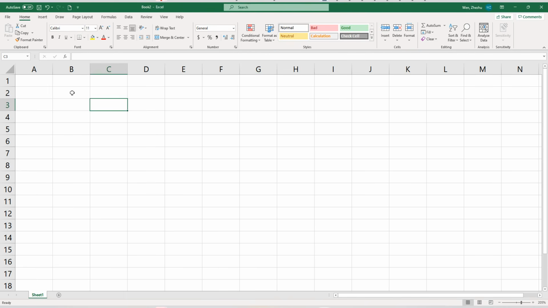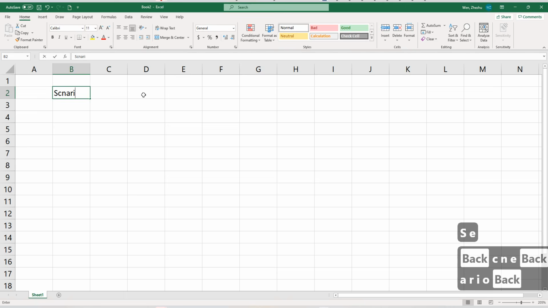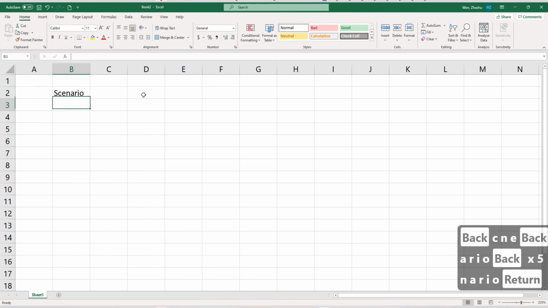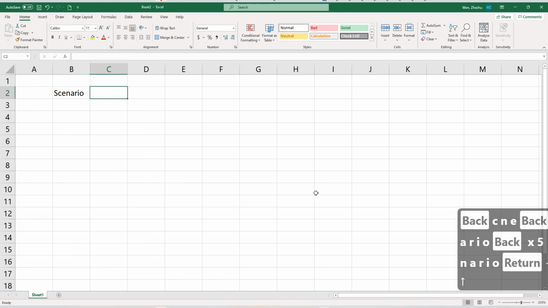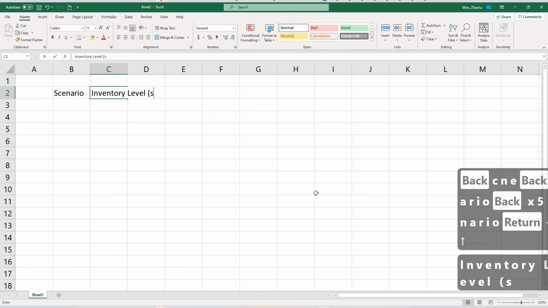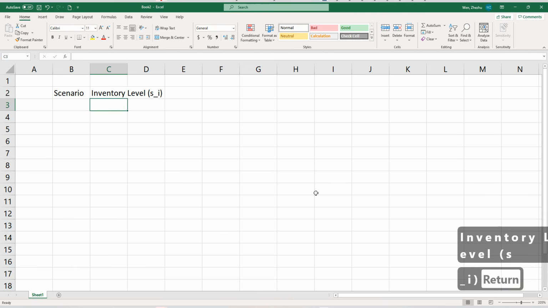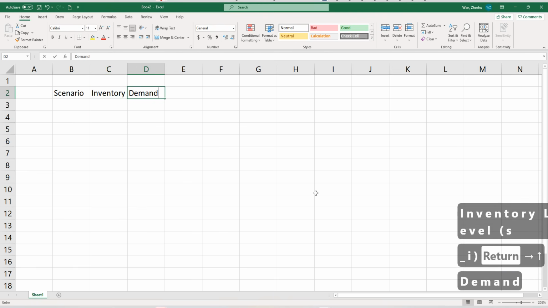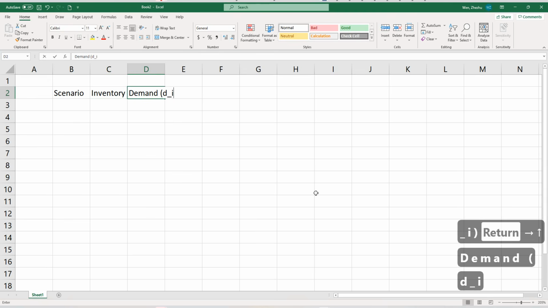Okay, so let's start from the first column. I'm just going to put it as a scenario. Probably going to put the inventory level, which is our Si, and demand, which is our Di.